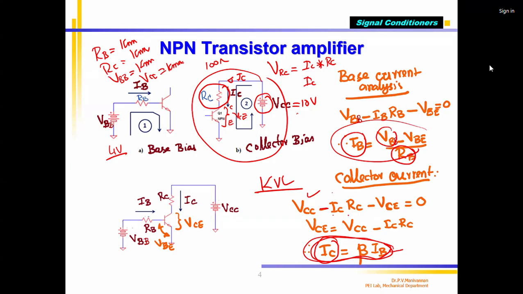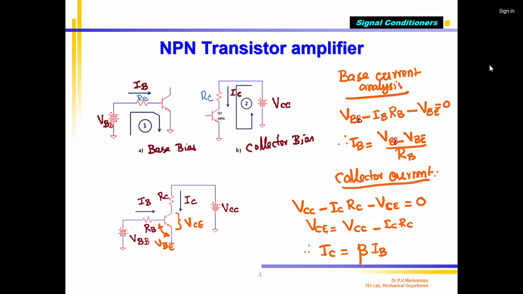Once those are known, automatically you can calculate IB. Once IB is calculated, you can calculate IC. Once IC is calculated, you get this also: the collector supply voltage minus the voltage across this resistor minus VCE, the voltage across collector and emitter, equals 0. This is Kirchhoff's voltage law. From that, I can always derive this.